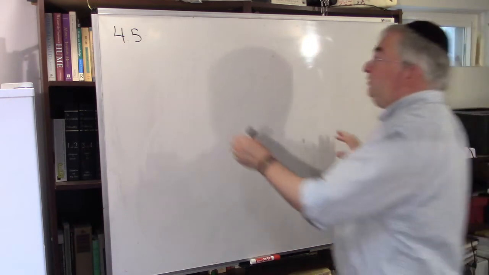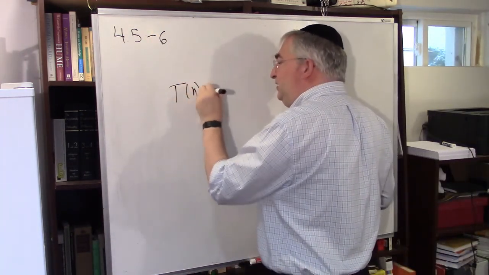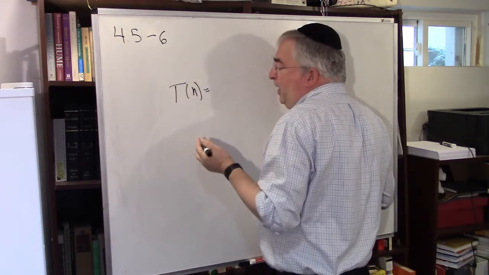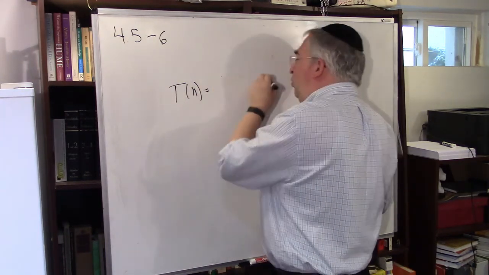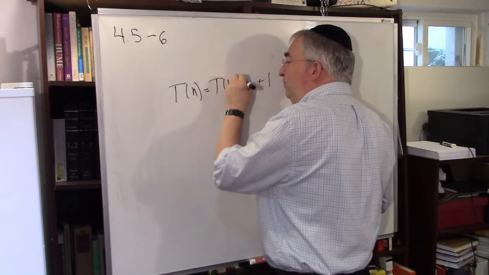It's the simplest thing in the world. We did it actually in class, but let's do it again. How do you do binary search? You do one operation, and then you're left with T of n over 2.